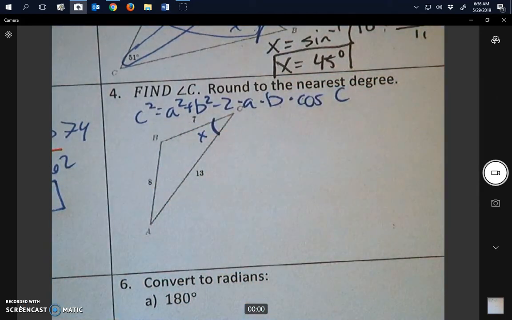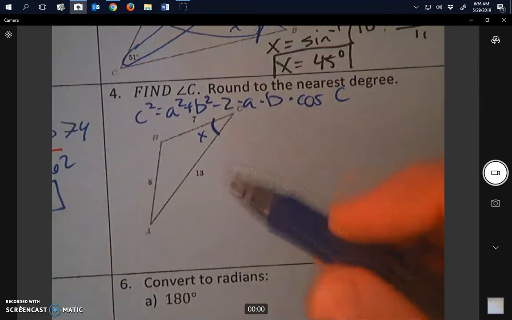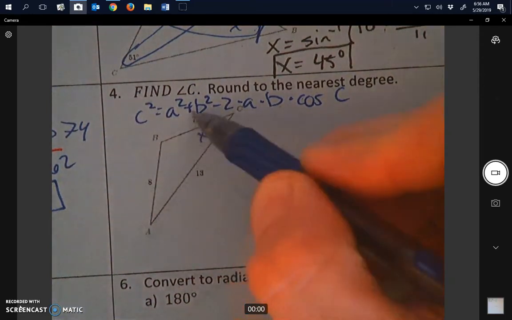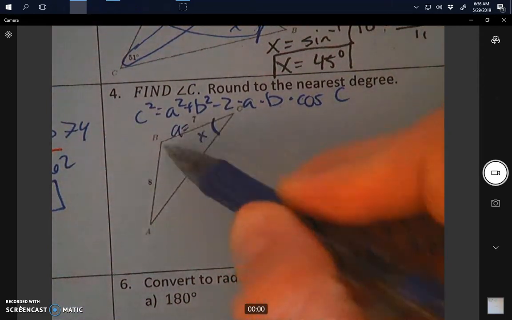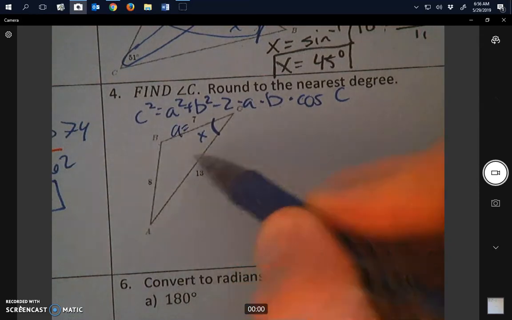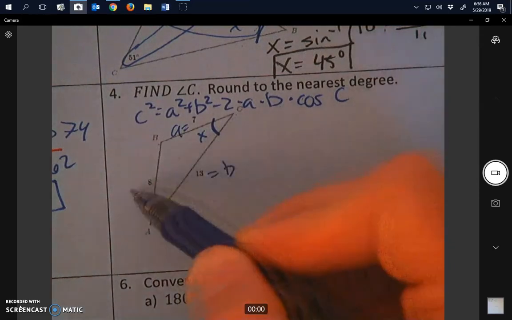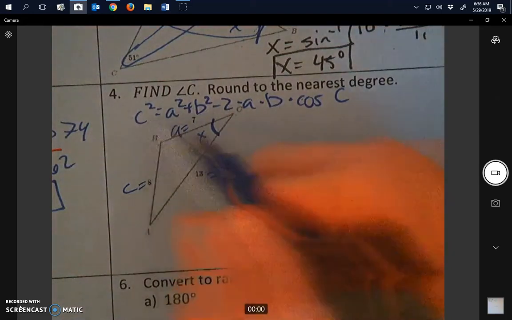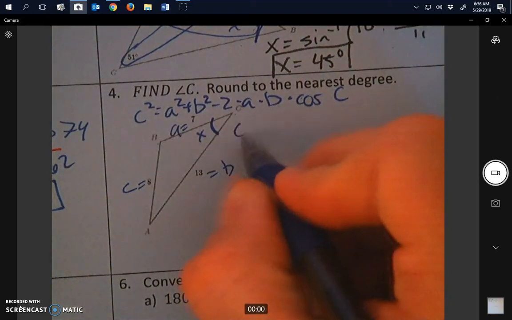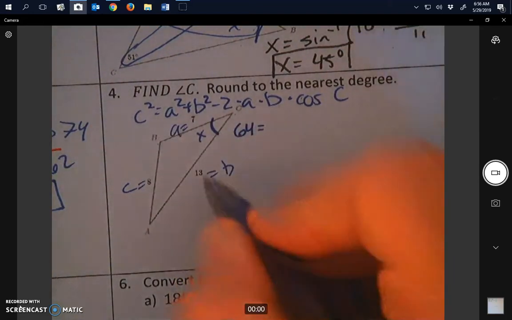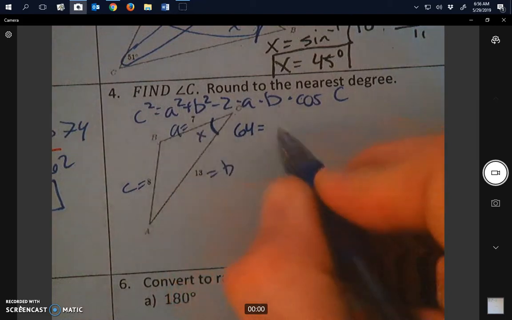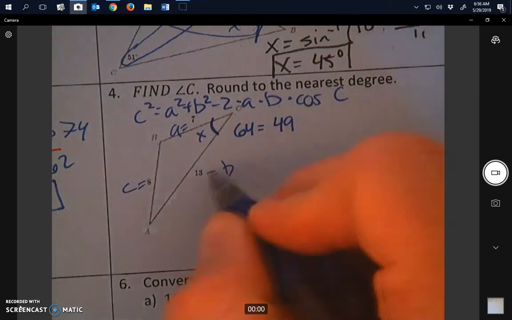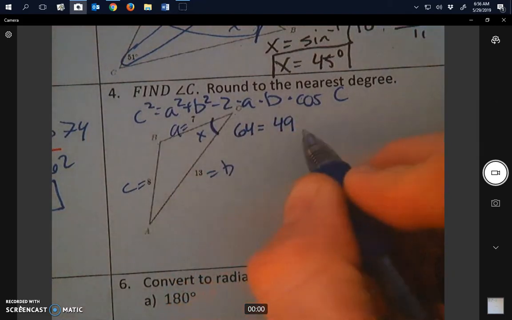All right. So now let's plug and play. Well, actually, let's identify everything. So this is our A, our B is 13, and our C is 8. All right, so first we have C squared, which is 64. And we have A squared, which is 49. And then we have B squared, 13 squared is 169.